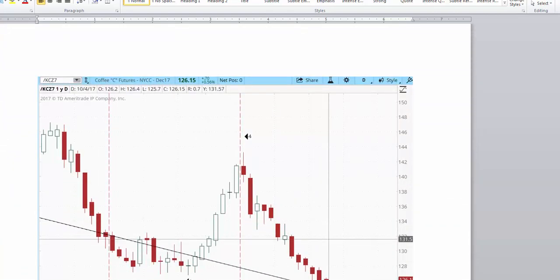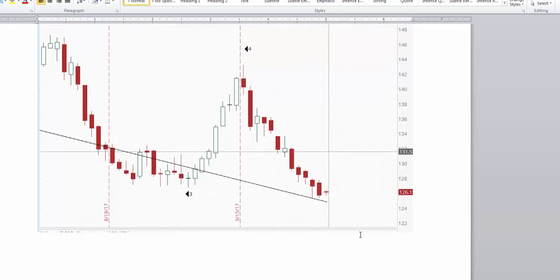Now, what do we have here? KC, here's coffee. This is the chart I sent out the other day, pretty much. Here we have 5, 4, 3, 2, 1. What I said in the preview was that when prices were here, my thing number 1, my 5-point pattern, was not true.